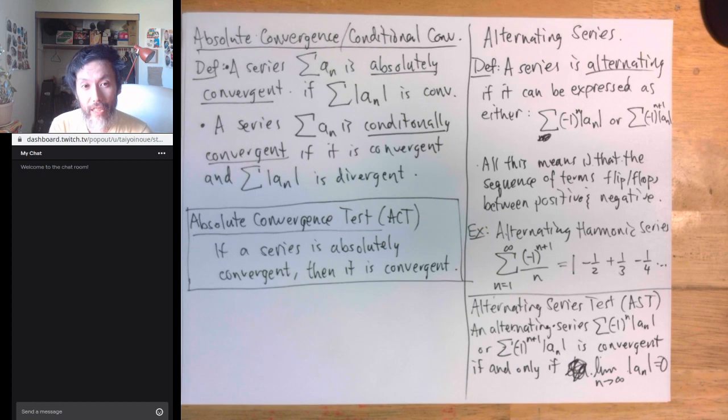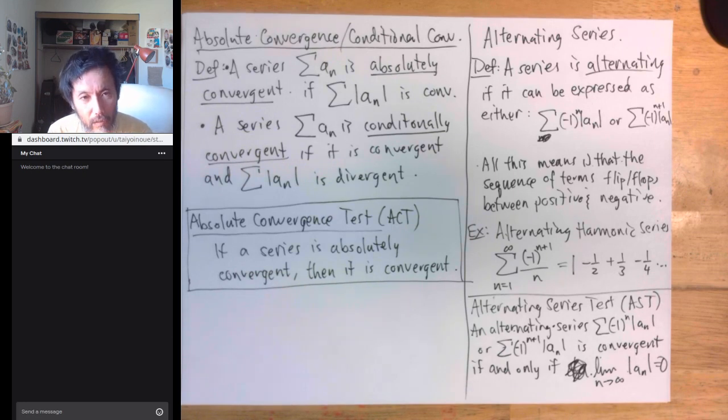But it's stronger than that, because whereas the divergence test says that it is necessary for the sequence of terms to go to 0, that is to say, it is necessarily the case that for a convergent series the limit of the sequence of terms goes to 0.